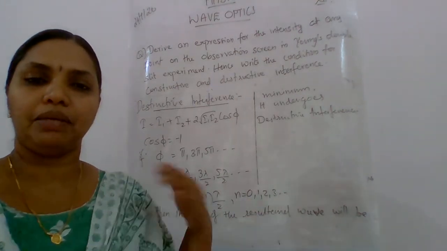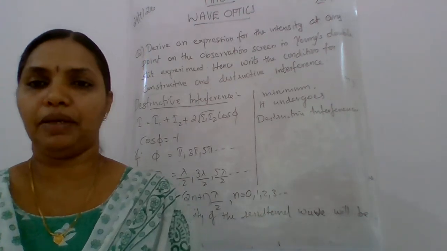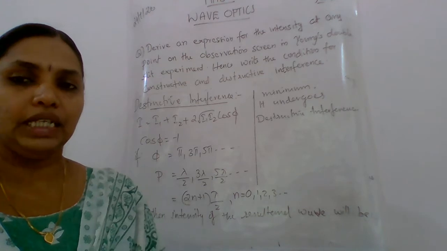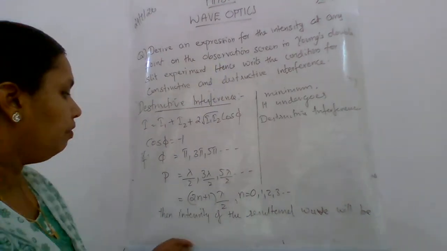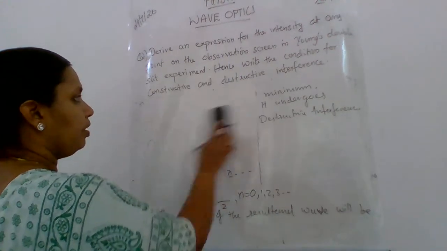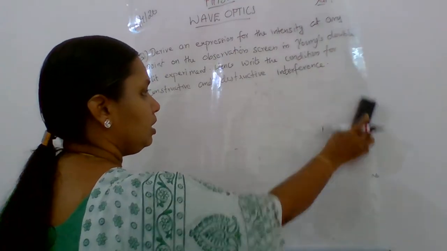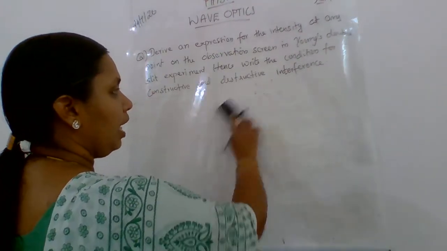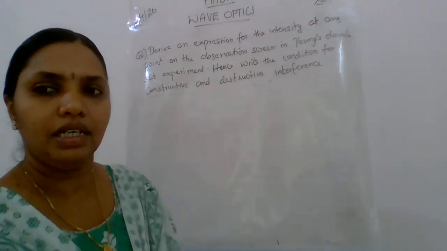Okay, so this is the mathematical verification of Young's double slit experiment. Next we have to see where on the screen you will get the bright region, where you will get the dark region, and what is the distance between each dark and bright region in Young's double slit experiment.